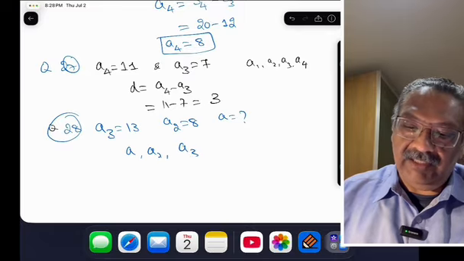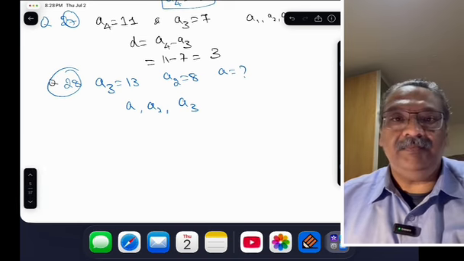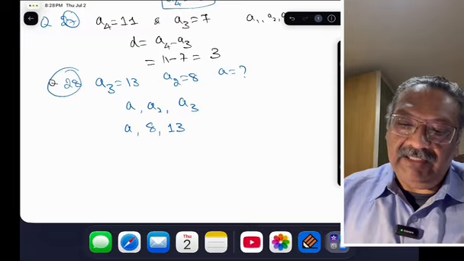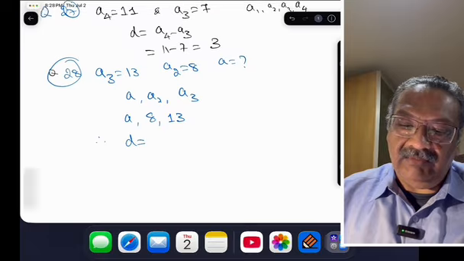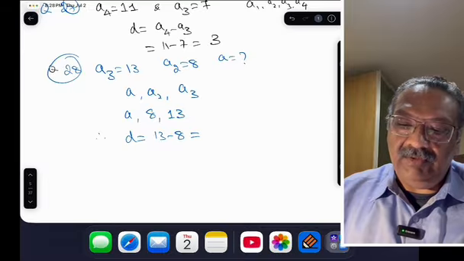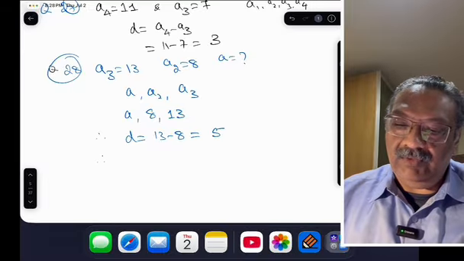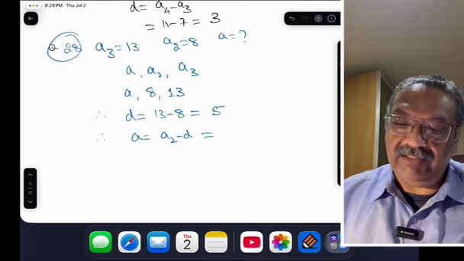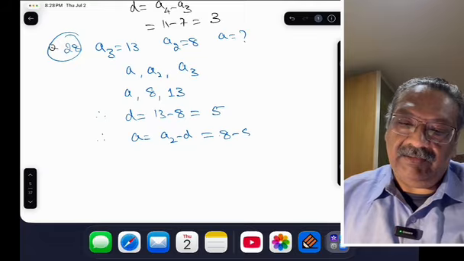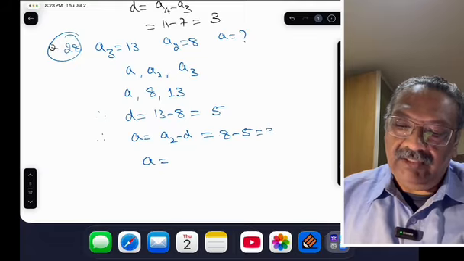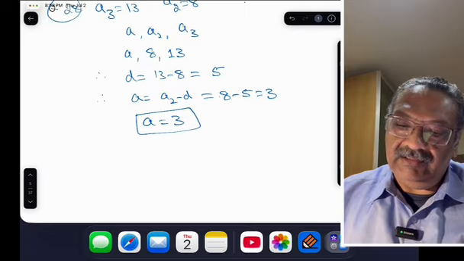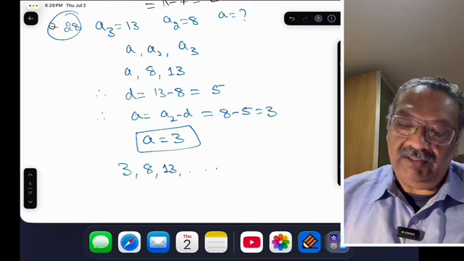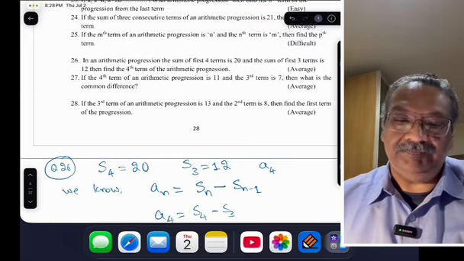We have first term A1, A2 is given as 8 and A3 is given as 13. Therefore, the common difference is equal to 13 minus 8, which is 5. Therefore, a is equal to A2 minus the common difference, which is 8 minus 5. So the first term is 3. So the AP we get is 3, 8, 13, and so on.